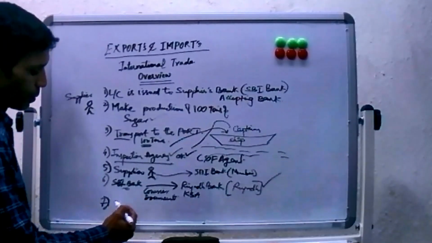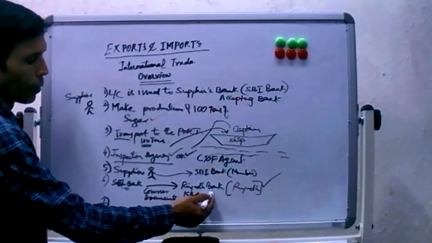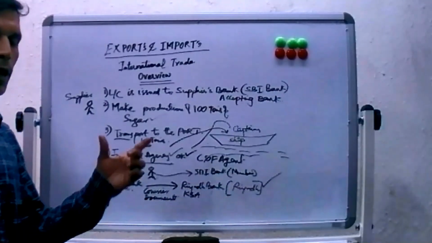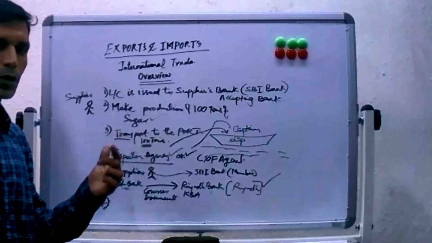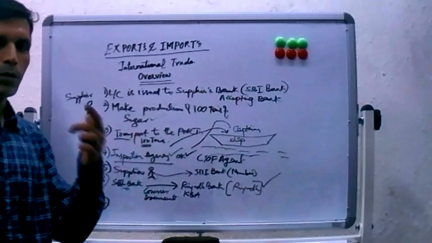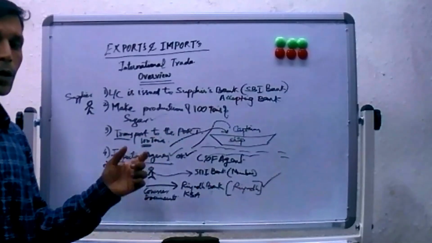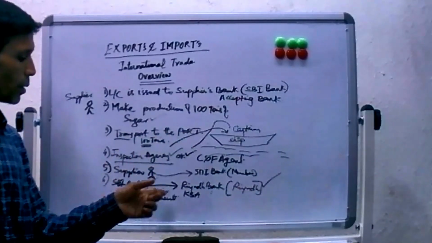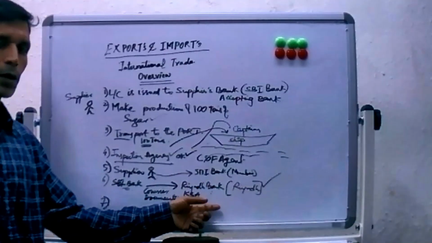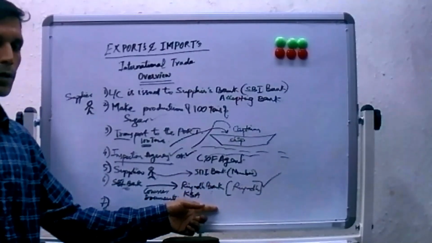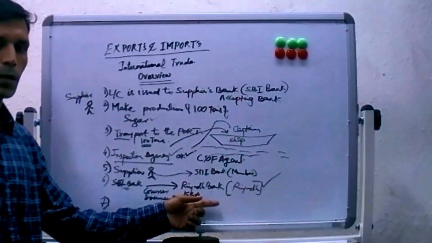Once the Riyadh Bank receives the delivery documents, in the same way that the supplier's bank, the accepting bank, informed the supplier when they received the letter of credit from the buyer's bank, Riyadh Bank will inform their business customer, the buyer who issued the LC to the supplier, that they have got these delivery documents.